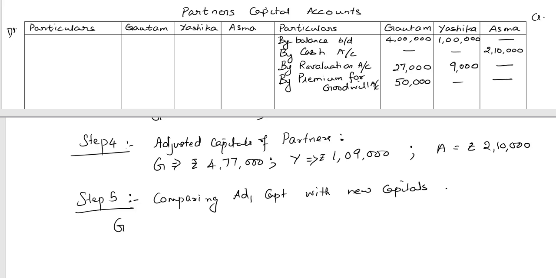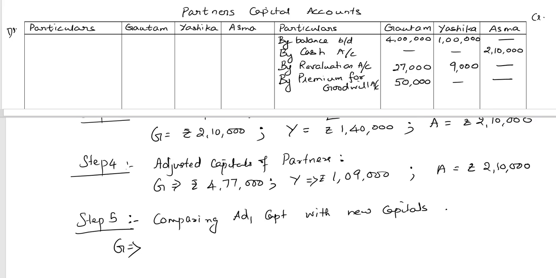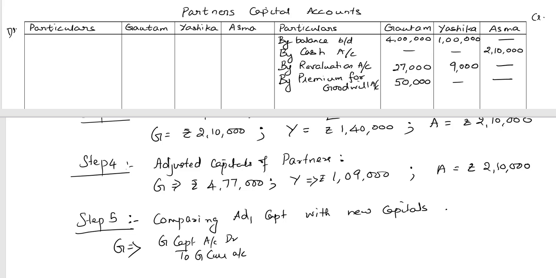So in the case of Gautam, the adjusted capital is 4,77,000, which is greater than the new capital of 2,10,000. So the journal entry is Gautam's capital account debit to Gautam's current account for the difference, which is 2,67,000 rupees.